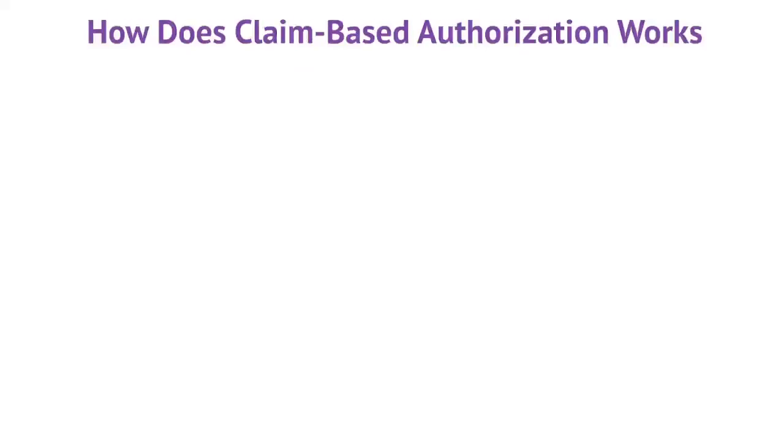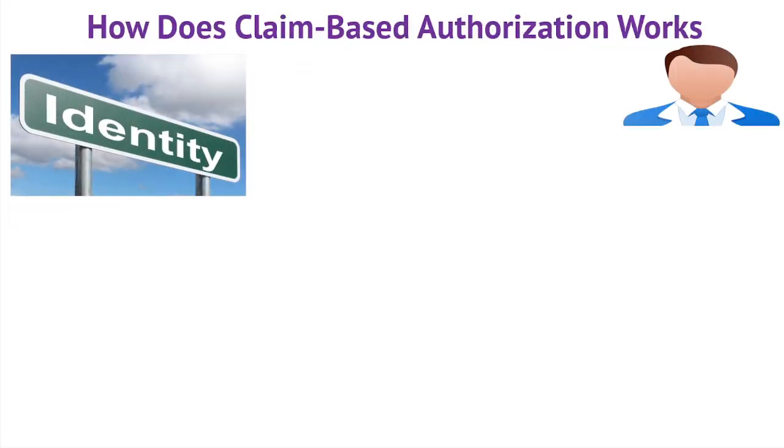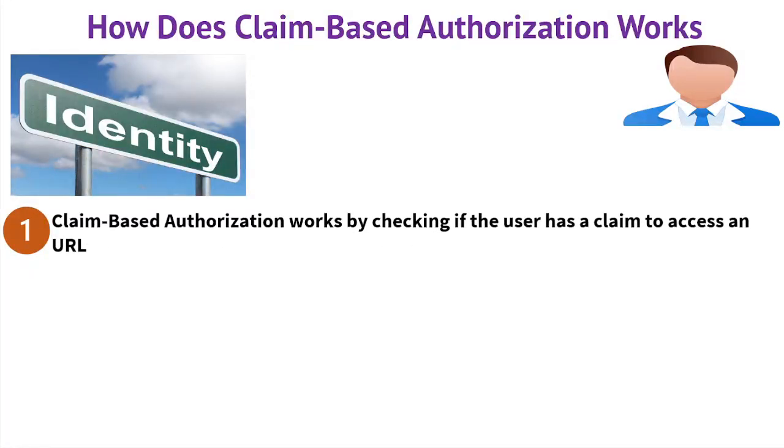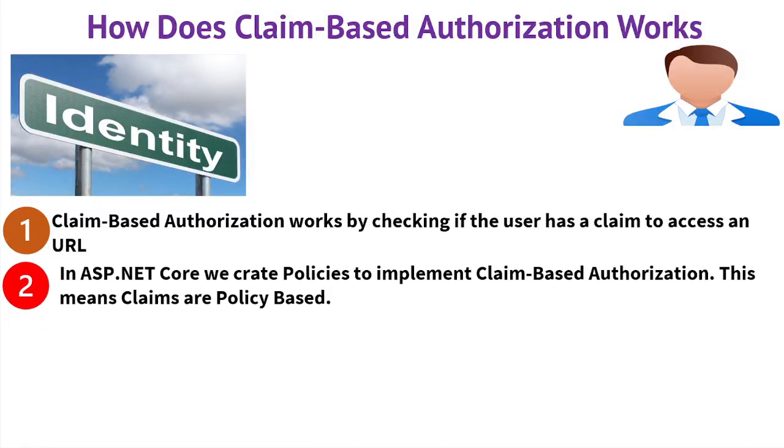So how does claim-based authorization work? In ASP.NET Core, we have various ways on how this is actually implemented. One, claim-based authorization works by checking if the user has a claim to access a URL. The second way, in ASP.NET Core, we create policies to implement claim-based authorization.